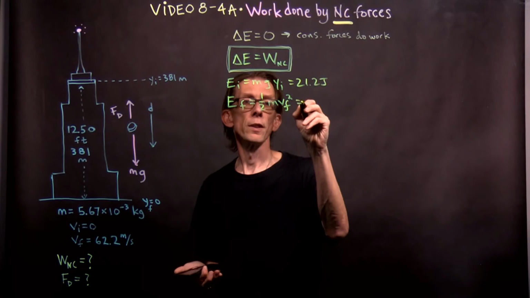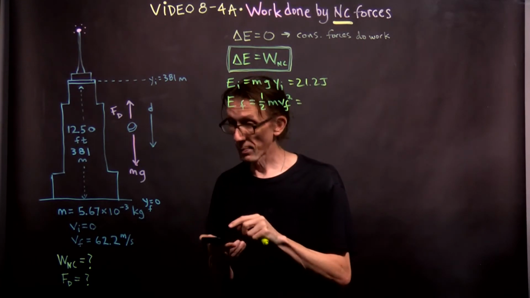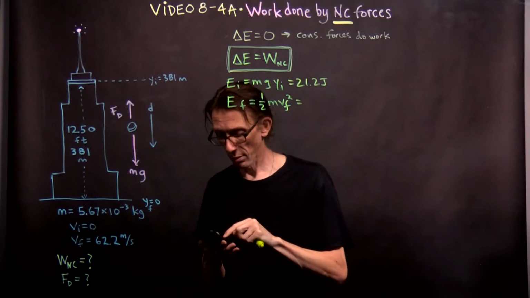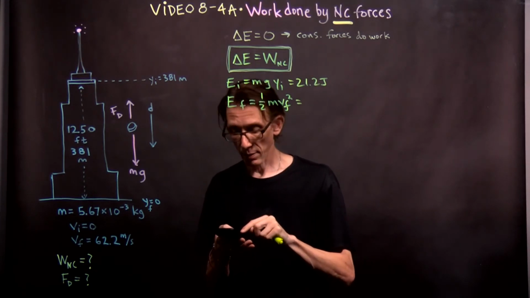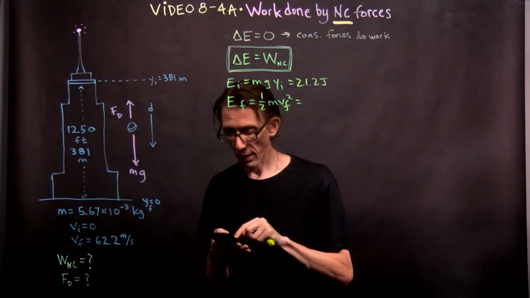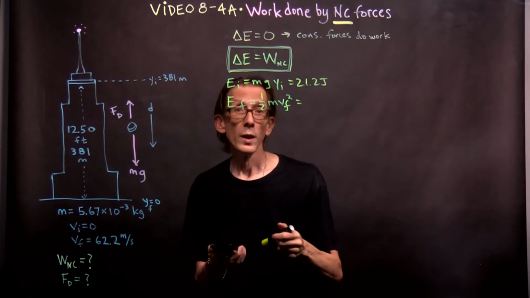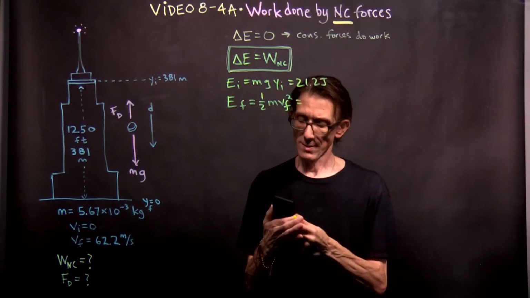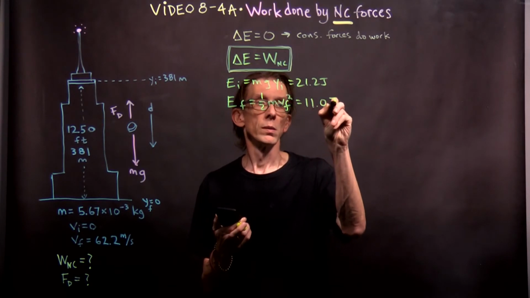Let's find the final energy. That's going to be 1/2 times the mass times the speed squared. 62.2 times 62.2, times the mass 0.00567, divided by 2. The final energy is 11.0 joules.